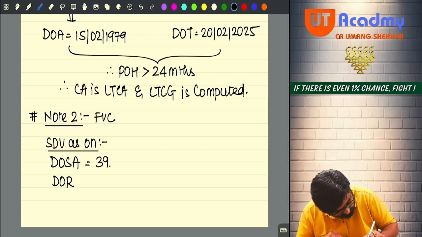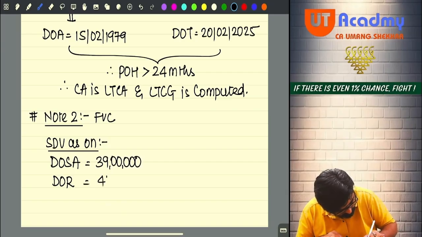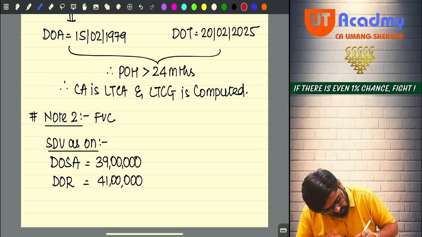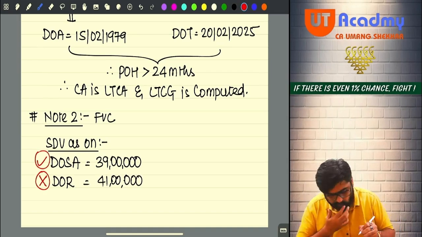It is 39 lakhs and this is 41 lakhs. So I will ignore this, but I will take this.